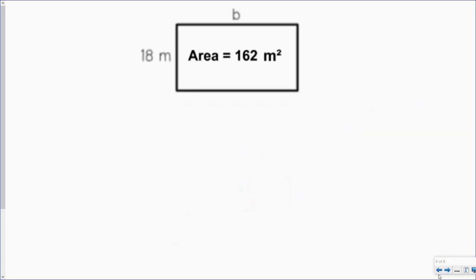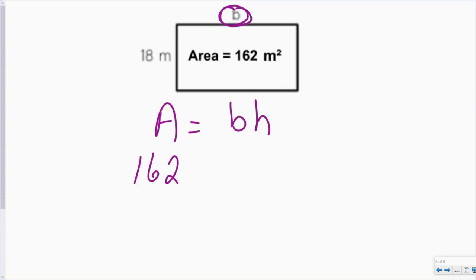Now this one's a little bit different. It gives me the area and I need to find my base. So again, my formula is area equals base times height. But this time I'm going to substitute my 162 in for my area, equals base, which I don't know, multiplied by 18, which is my height.